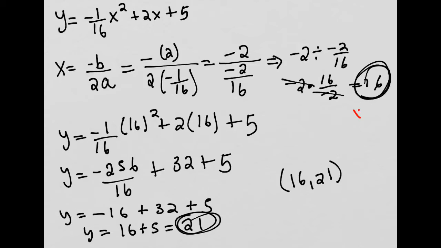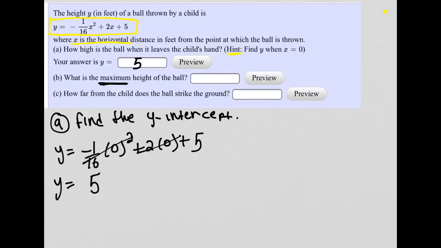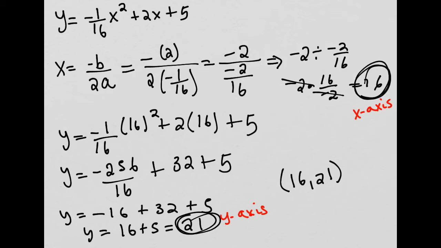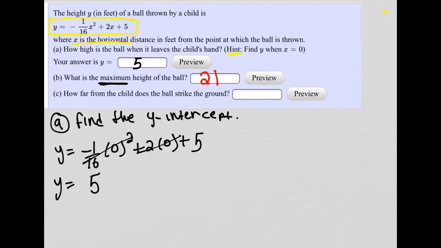So this is x-axis distance, y. Height is y. So your maximum height for this ball is 21, which is the y value of the vertex. Okay? Part C wants us to find how far from the child the ball strikes the ground.